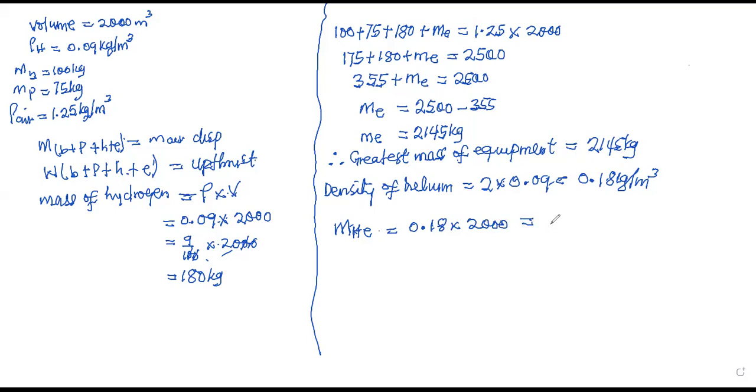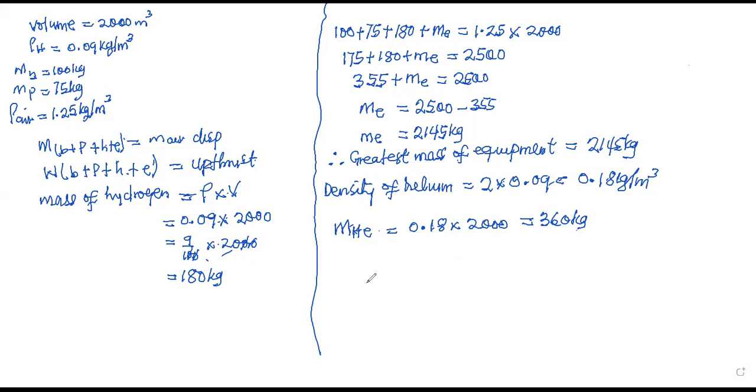Okay. And what is 0.18 by 2,000, class? Hello? So this is 360 kilograms.